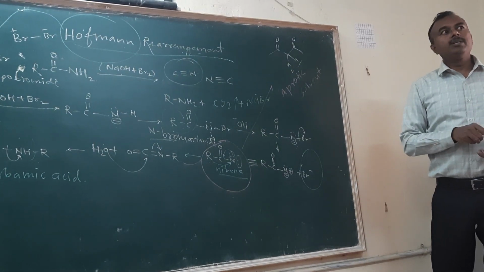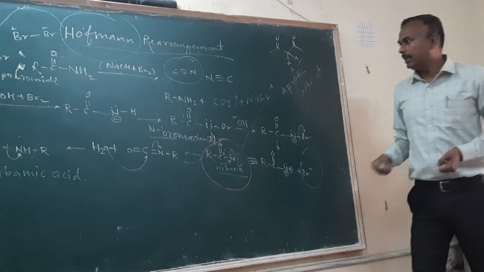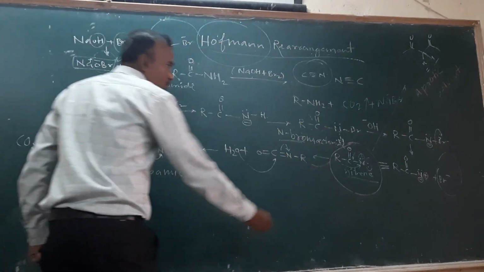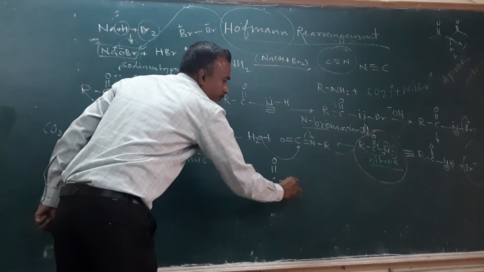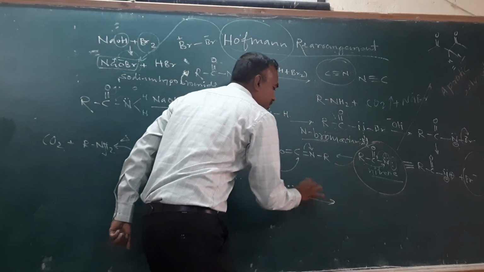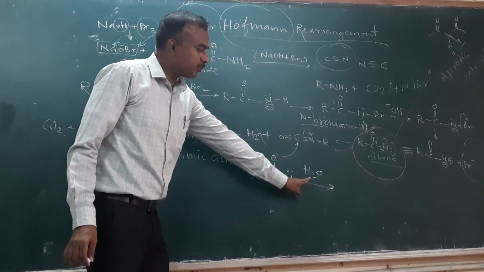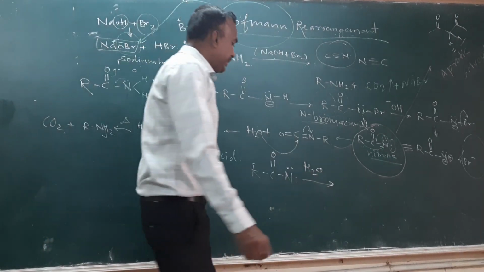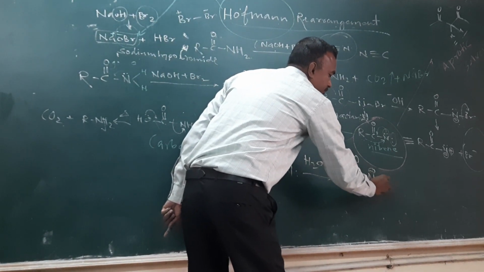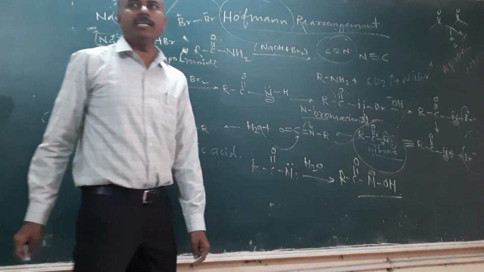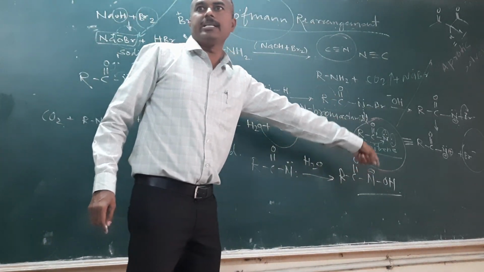Now, what happens if this reaction is performed in a protic solvent? Let's see. Your intermediate nitrene, when performed in the protic solvent, meaning the solvent which gives the proton, then N-hydroxyacetamide will get formed.